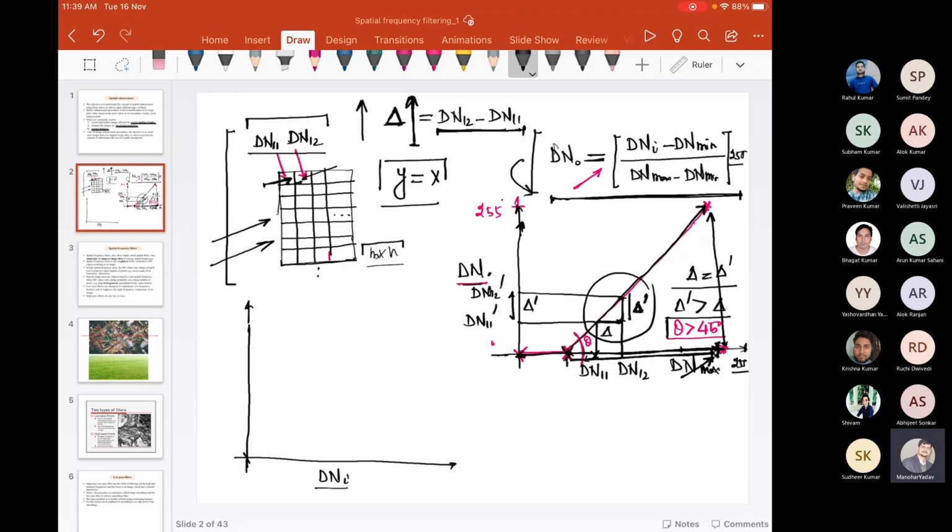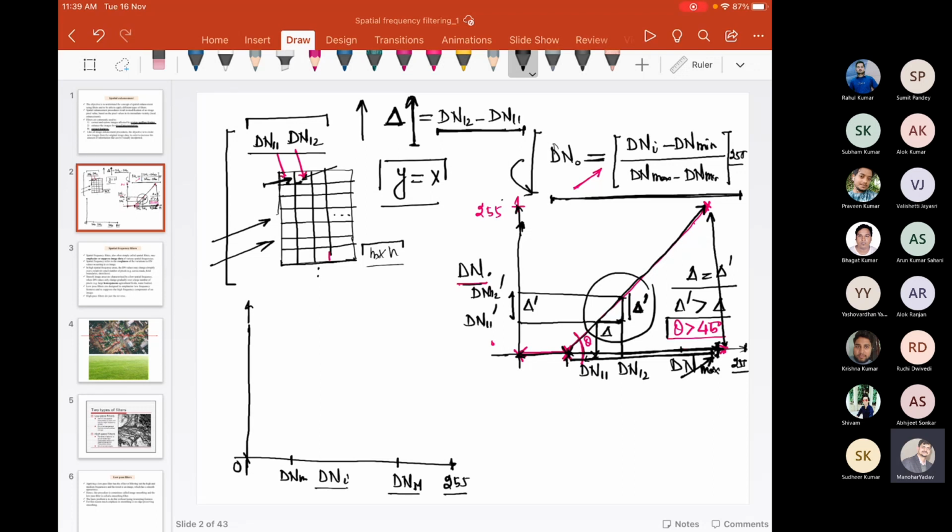DN input. For an 8-bit image, we have an option to utilize the entire range 255, but it is not the case. Some part of the DN range is not fully utilized, so we have a DN min to DN max.